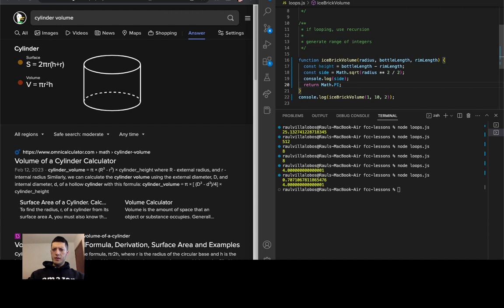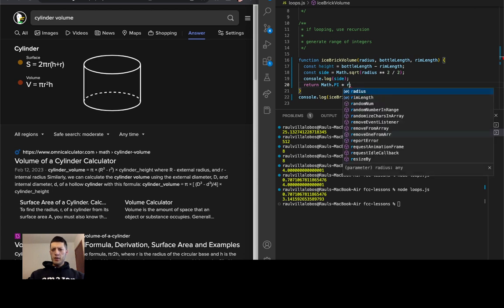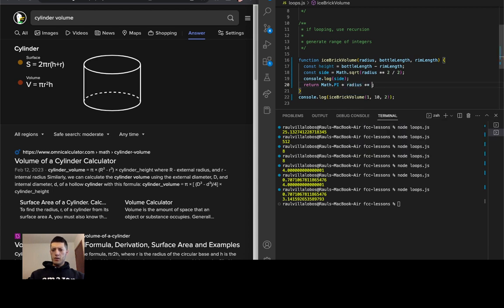Math pi times radius squared. The exponent already happens first, so I don't need to put it in parentheses. The radius is 1.